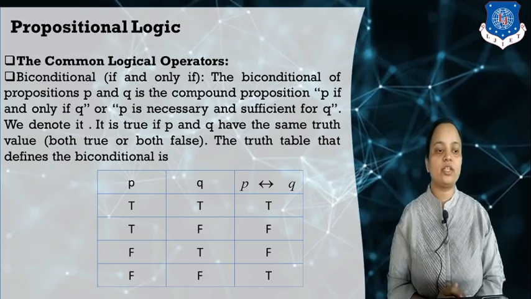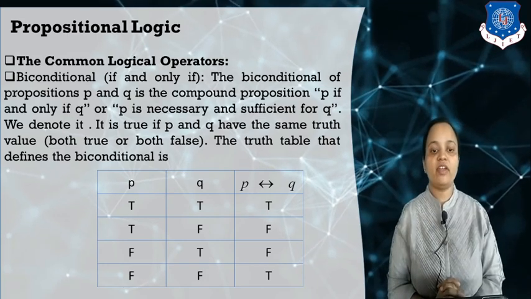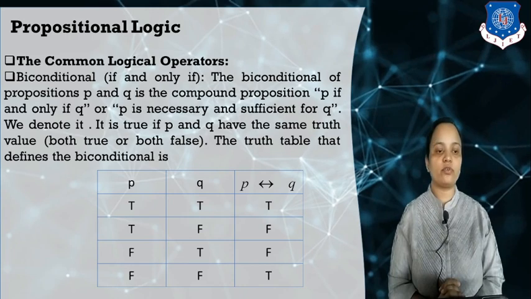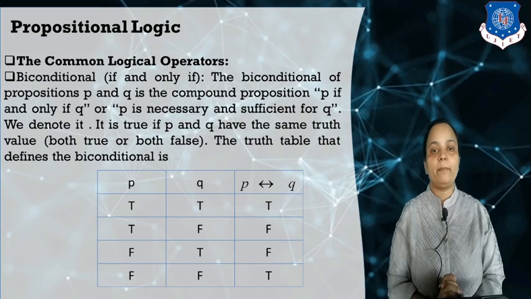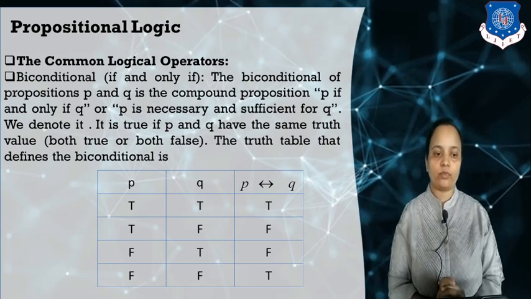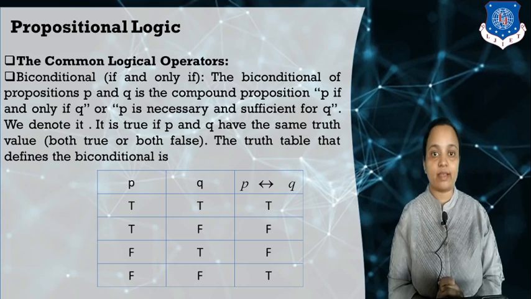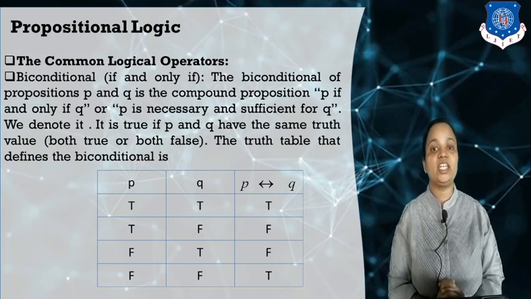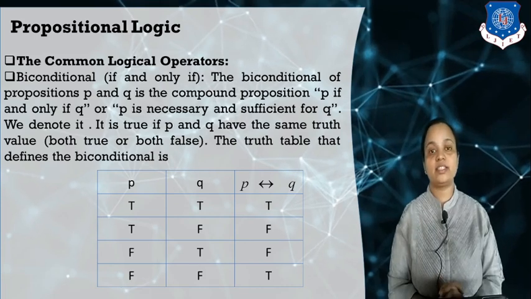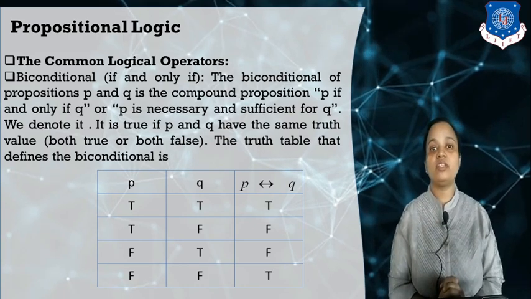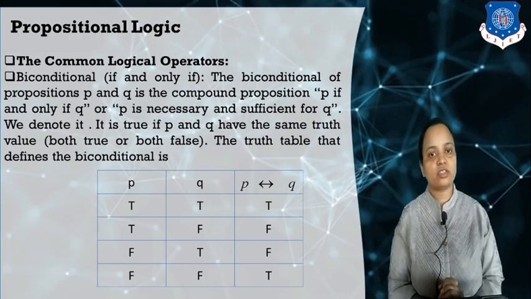The next is the biconditional operator, which is called if and only if. The biconditional of propositions P and Q is the compound proposition P if and only if Q, or we can say that P is necessary and sufficient for Q. We denote it like P double implies Q. It is true if both the propositions are true or both the propositions are false.